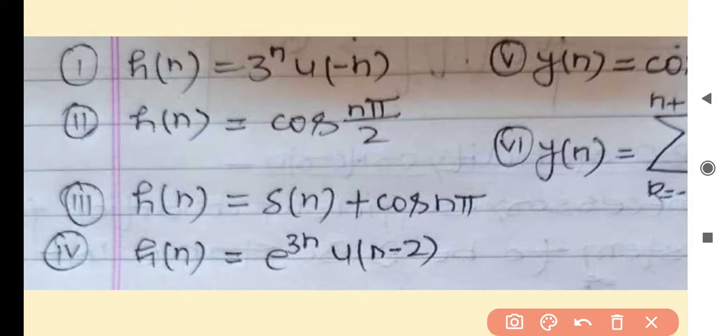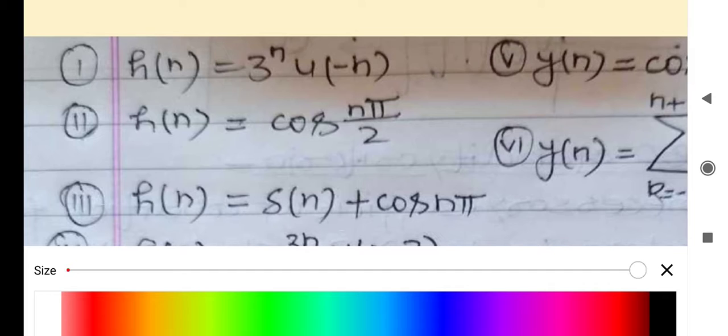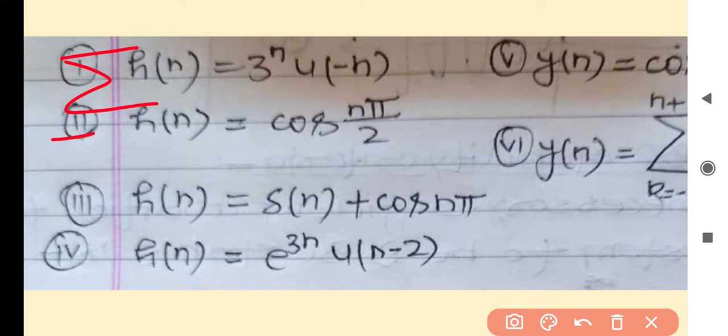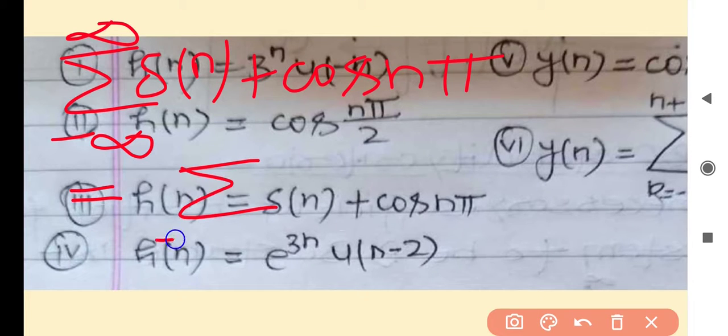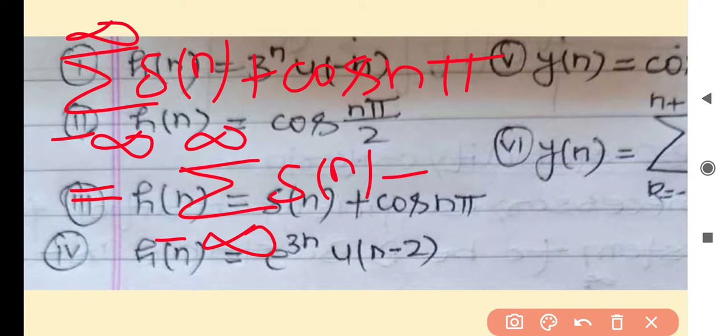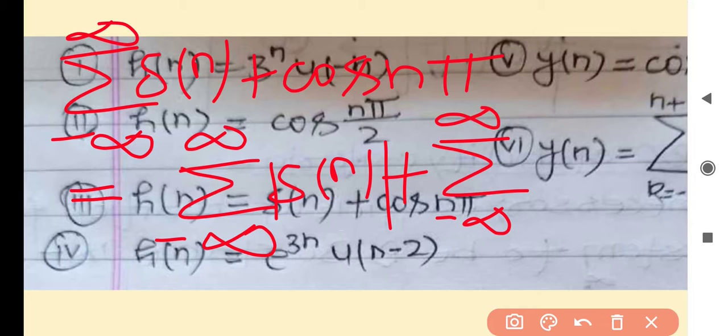So here we will put summation of h[n], n from minus infinite to plus infinite, delta n plus cos of n pi, and it can be written as sigma minus infinite to plus infinite mod of delta n, plus sigma minus infinite to plus infinite mod of cos of n pi.